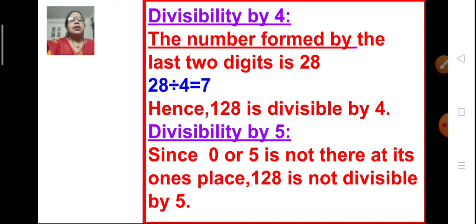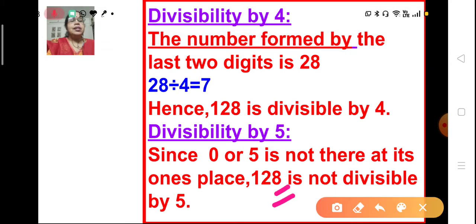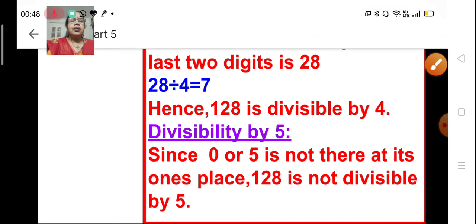Now what is the divisibility rule for 5? If the number has 0 or 5 in ones place, then the number is divisible by 5. But here we can see that in 128, 8 is there in ones place, it's neither 0 nor 5, so the number is not divisible by 5.